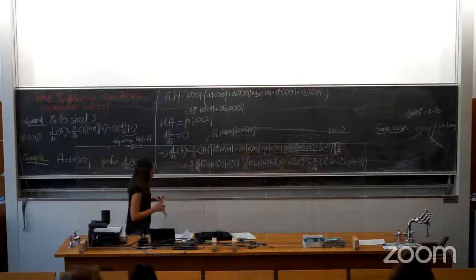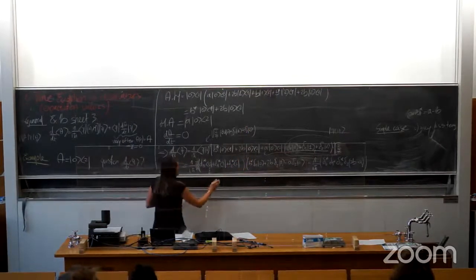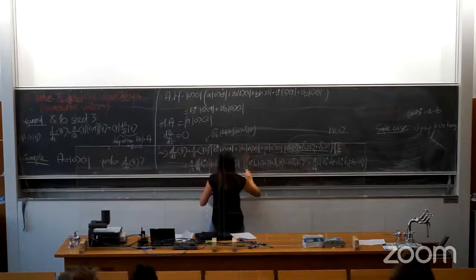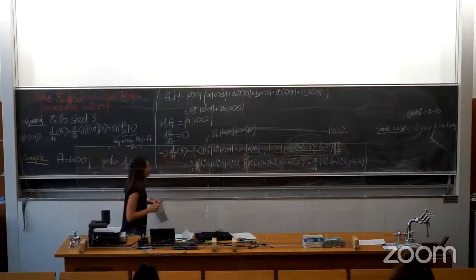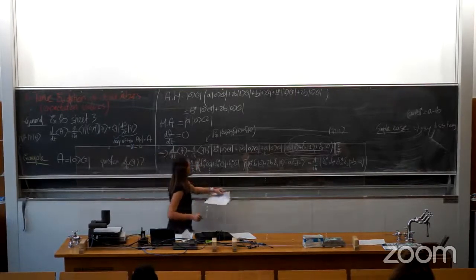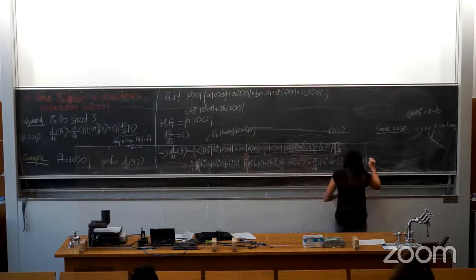So let's write it like here, like this. Here I put square root 2/7. And this is exactly this. And here I put square root of 2/7. And then here I have to write it like this.